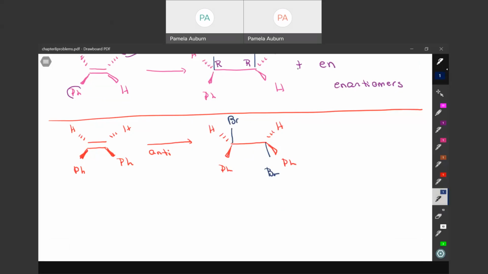So on the first carbon here, I have R, and on the second one, I also have R. So anti-addition to the cis is going to give me a pair of enantiomers.